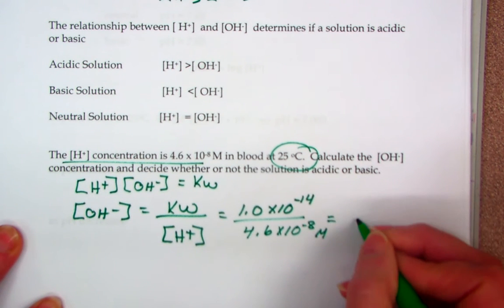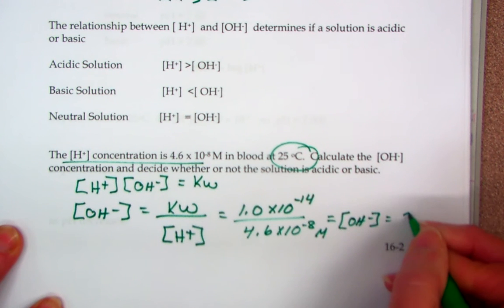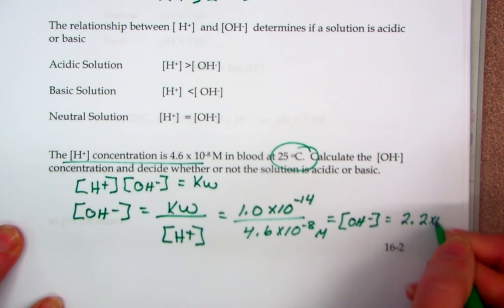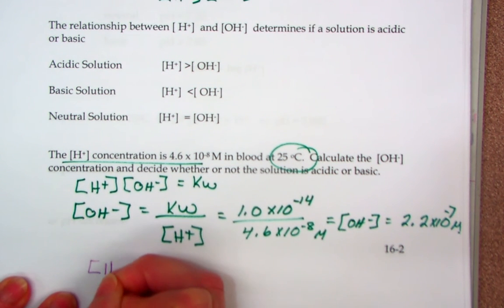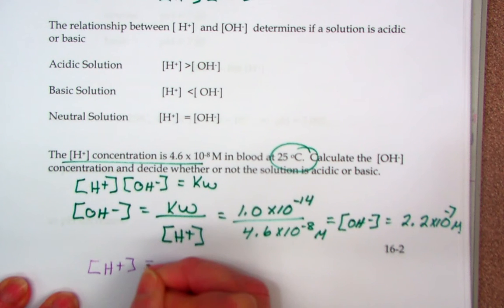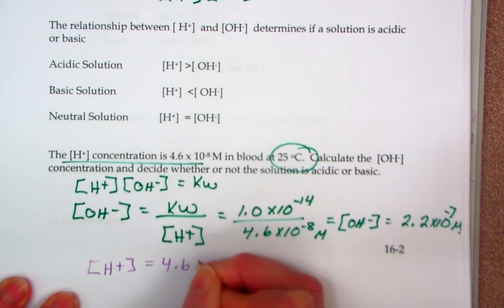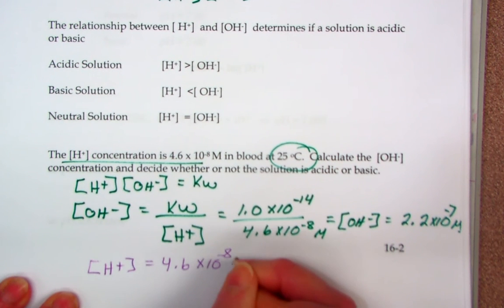And so I get the hydroxide concentration is 2.2 times 10 to the negative 7th molar. So now I look at the two numbers, the hydrogen concentration and the hydroxide concentration, and I compare them. My hydrogen concentration is 4.6 times 10 to the negative 8th molar.